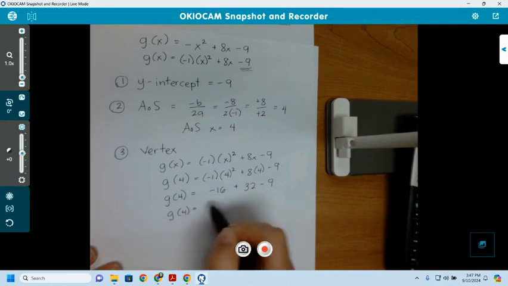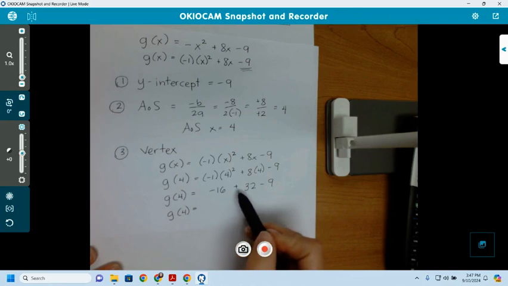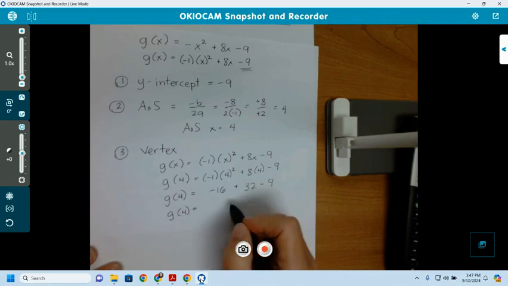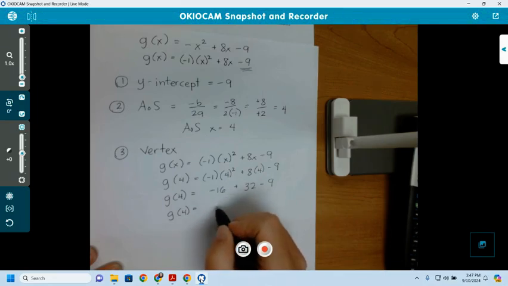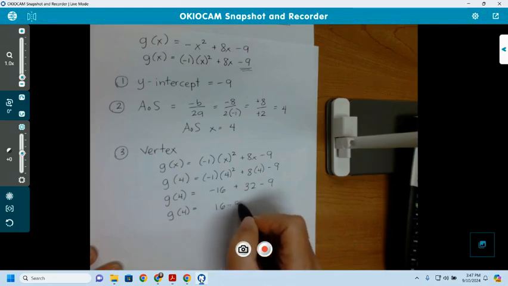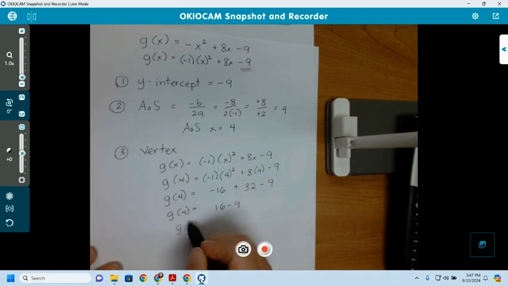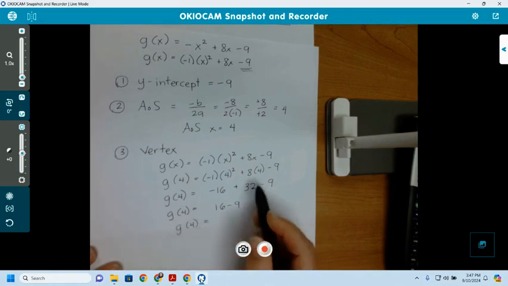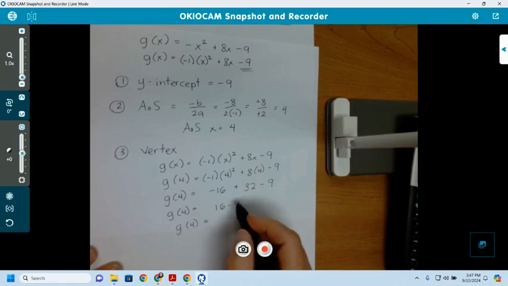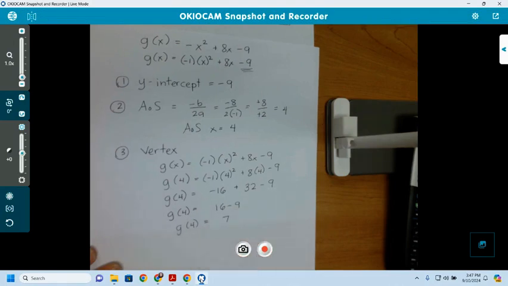So g of 4 equals -16 plus 32, which is basically 32 minus 16, which is 16, minus 9. So g of 4 equals 16 minus 9, which is 7.